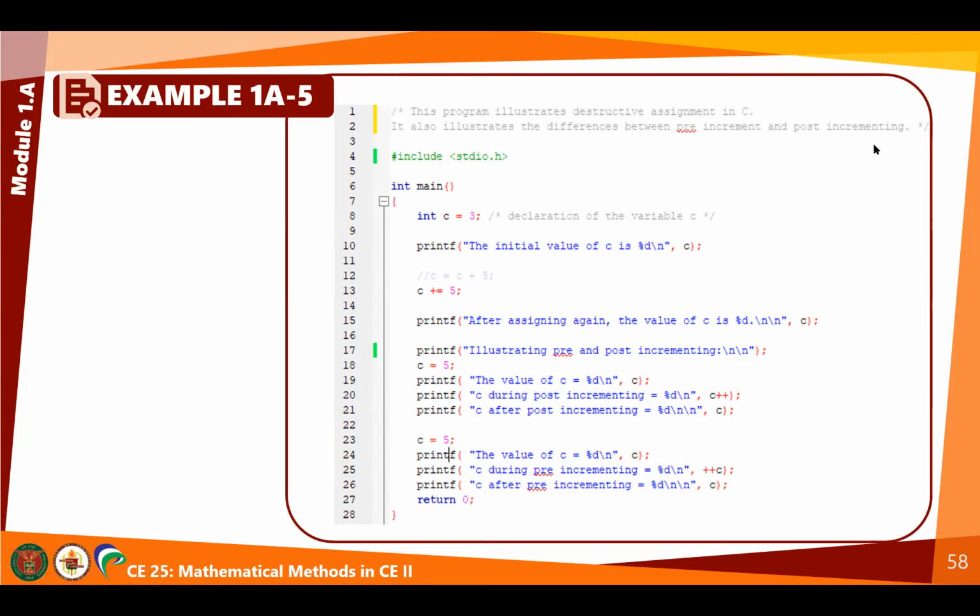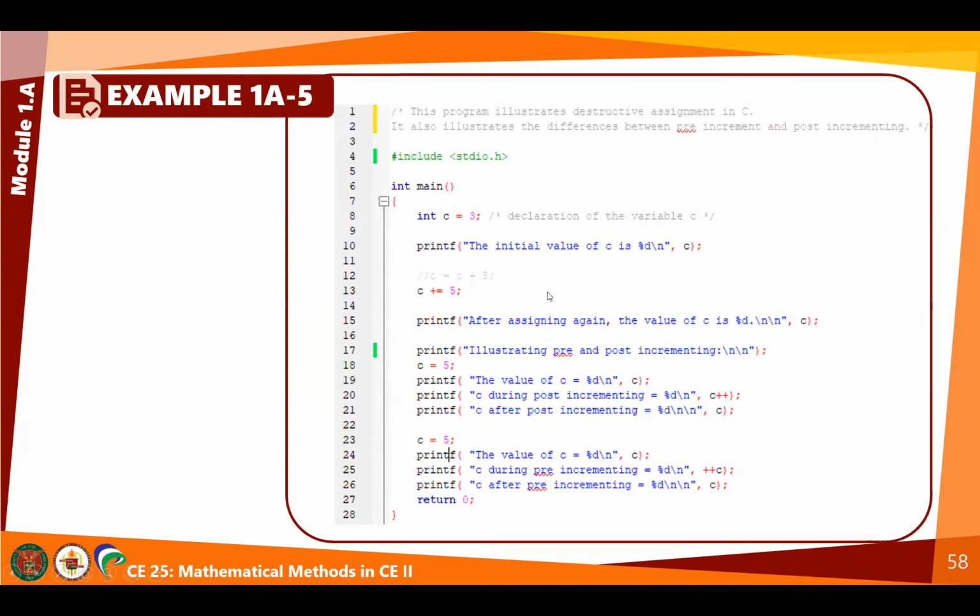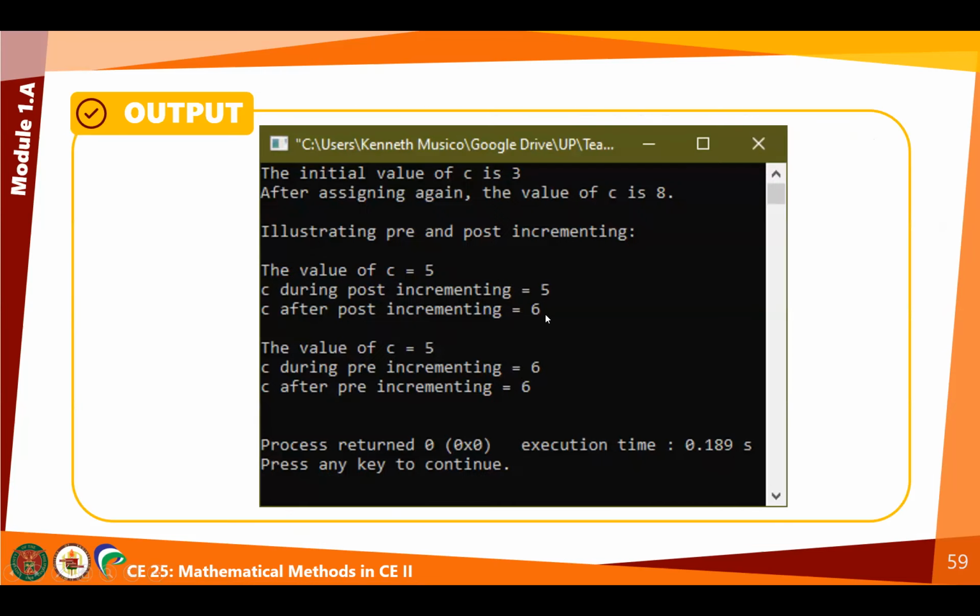Yeah, tama. So, ilalabas niya muna yung value bago dagdagan ng value. Okay. So, ilalabas niya muna yung 5. And then, after this line, ang value na ng C is 6.